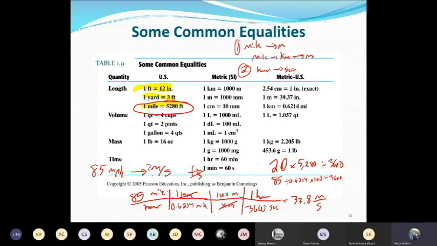Now, I assume that you have seen a meter stick before. A meter stick is just a little bit longer than a yardstick. When you're traveling for a second, you're traveling 38 of those every second, going that fast.